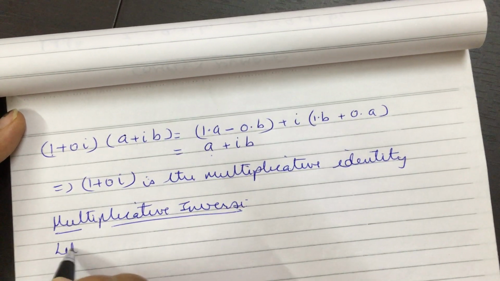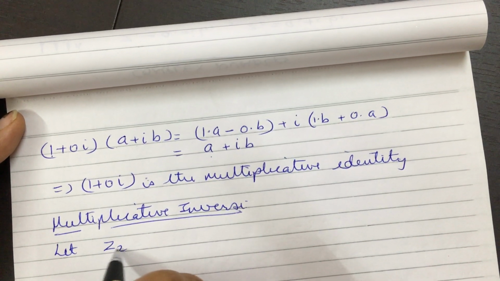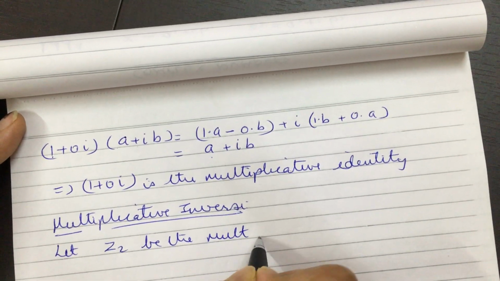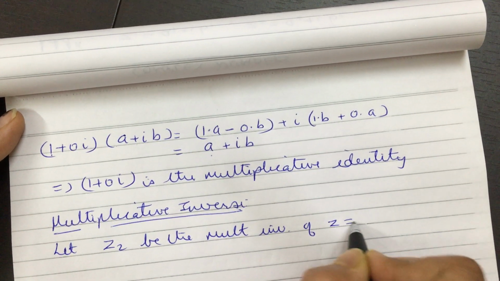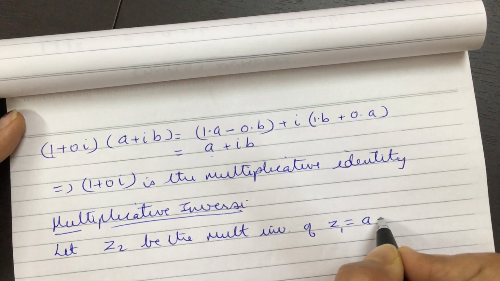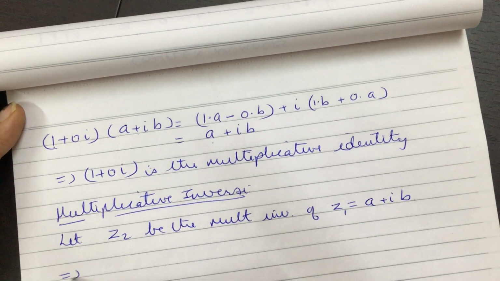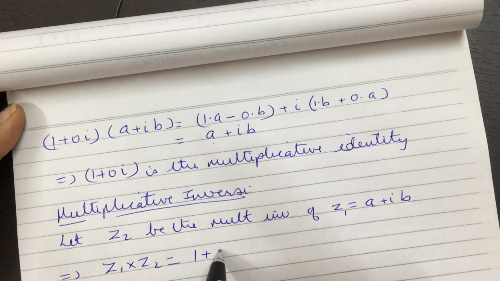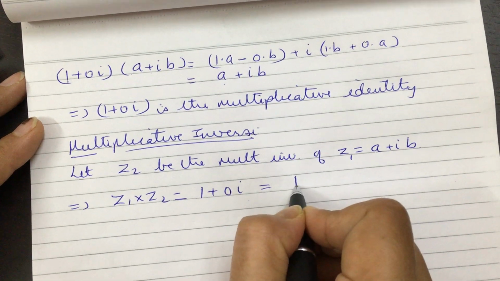So, let Z2 be the multiplicative inverse of Z1 equal to a plus ib. So, it implies that Z1 into Z2 should be equal to the multiplicative identity, that is 1 plus 0i, which is equal to 1.